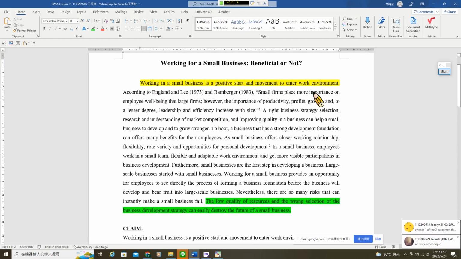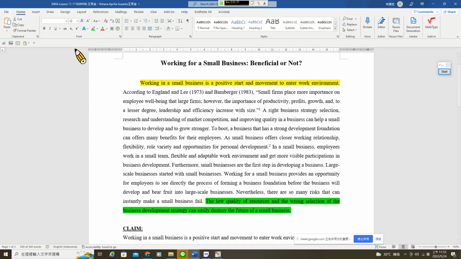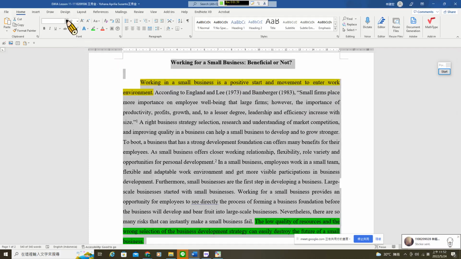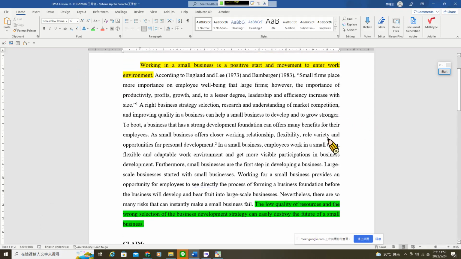First of all, the font here, Times New Roman, is fine, but you need to change the size to 12. This is the font we require for this department: Times New Roman. So this is the first issue.